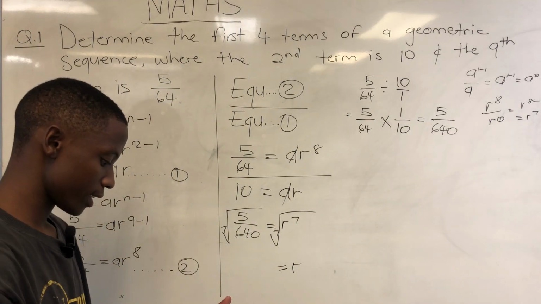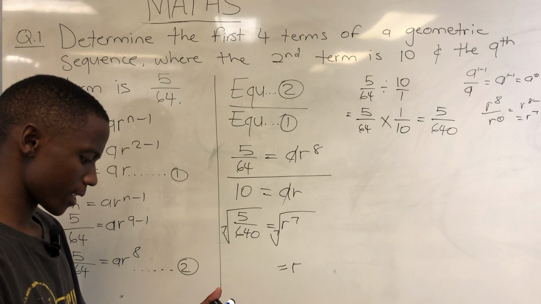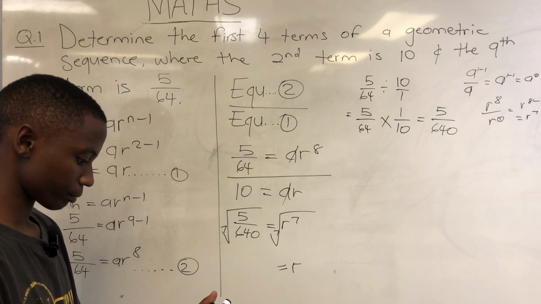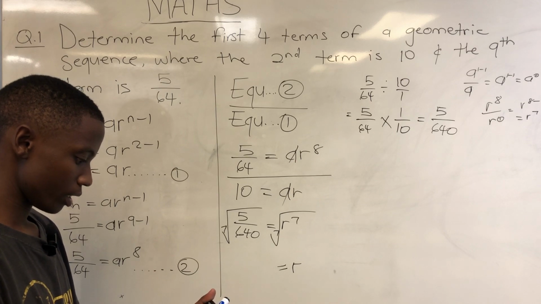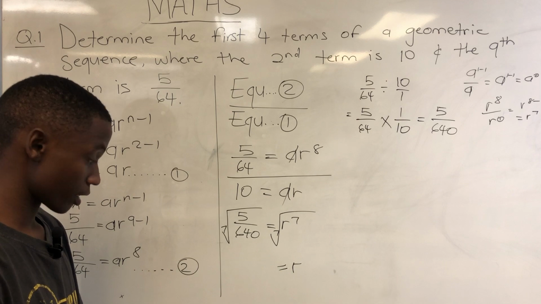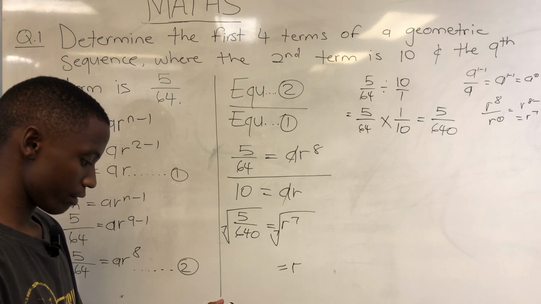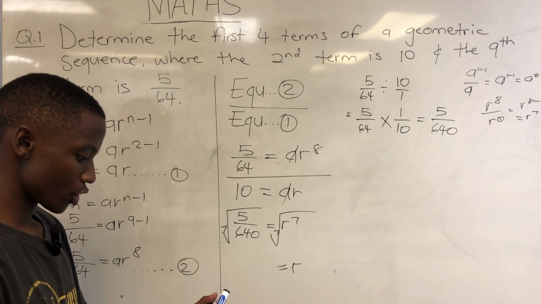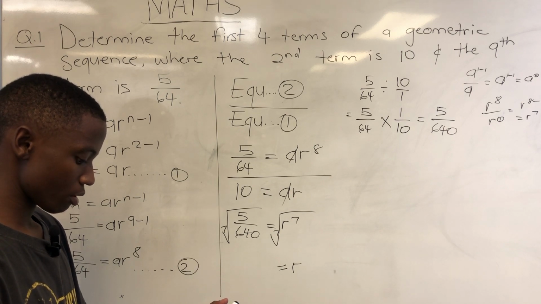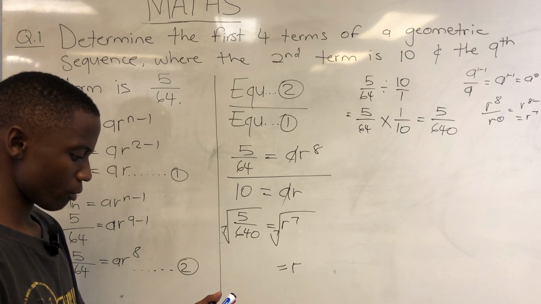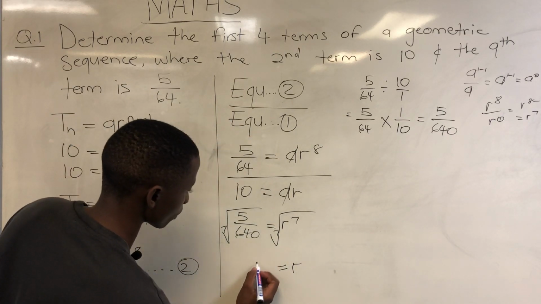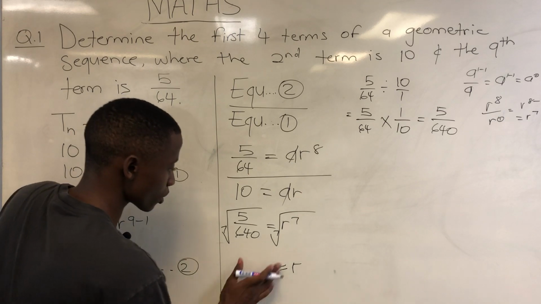Let's check. 5 over 640 gives 1 over 2. And therefore r is equal to 1 over 2.